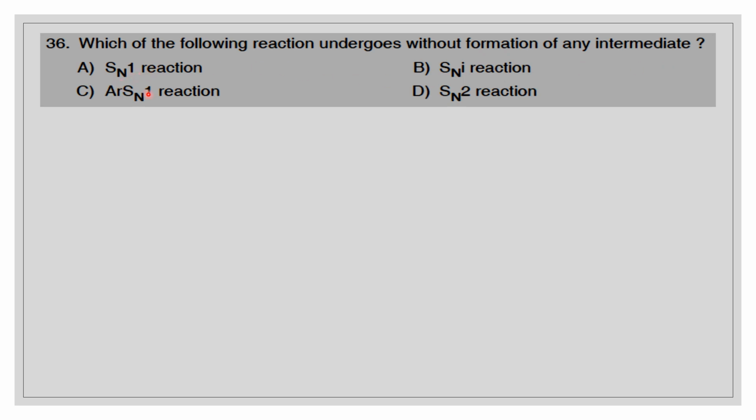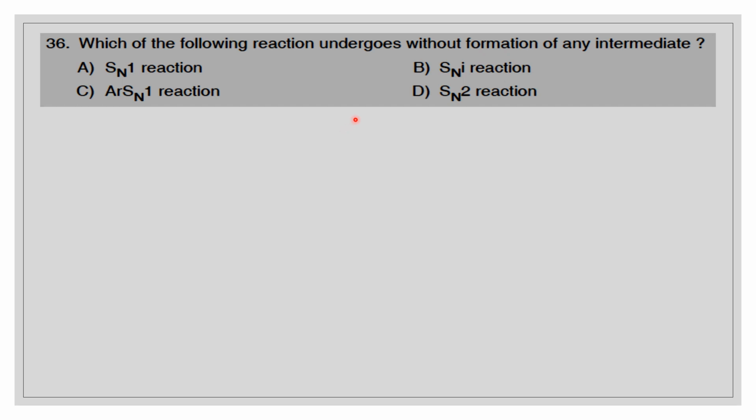Options are SN1 reaction, SNi reaction, ArSN1 reaction, and SN2 reaction. In order to answer this question, we need to have an idea regarding all these kinds of substitution reactions. So we'll have a short discussion on all these types, and finally we'll arrive at a conclusion about the answer to this question.